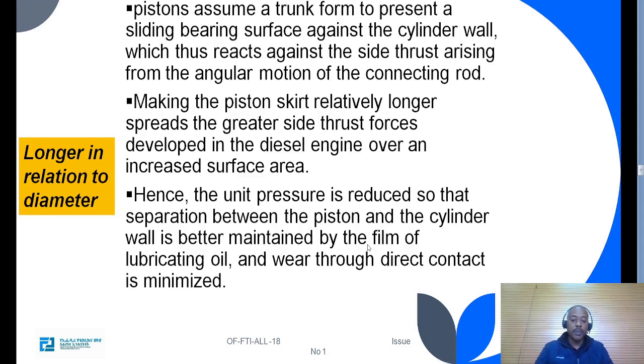Hence, the unit pressure is reduced so that separation between the piston and the cylinder wall is better maintained by the film of lubricating oil, and wear through direct contact is minimized.